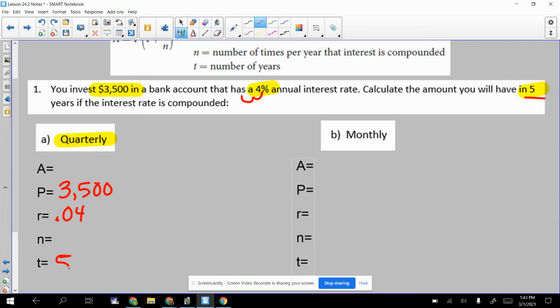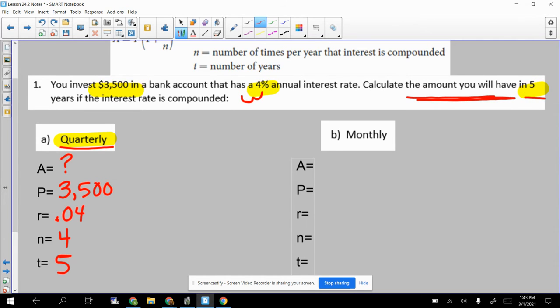That's how long it's going to be in the account. And then quarterly. Quarterly would be 4 times within a year. A is what we're looking for, because it says calculate the amount you will have. So that's going to be your final amount, and that is your A.